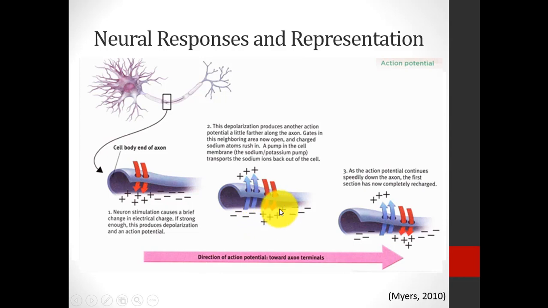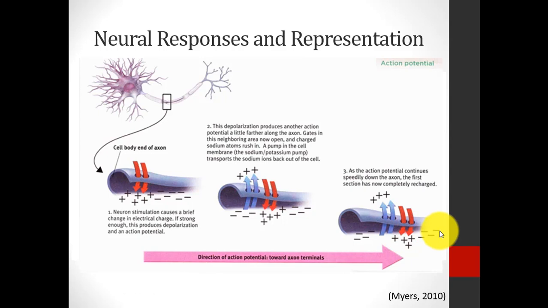As that's happening, you have this sodium-potassium pump where, in order for the neuron to fire again, we have to get back to resting membrane potential. So on the back end of that action potential moving down, or as it propagates down the axon, you start to see the kicking out of the positive potassium ions to repolarize the membrane as you go down.